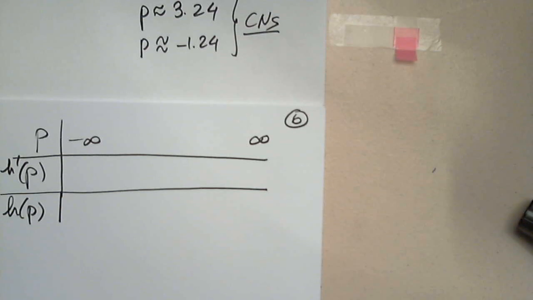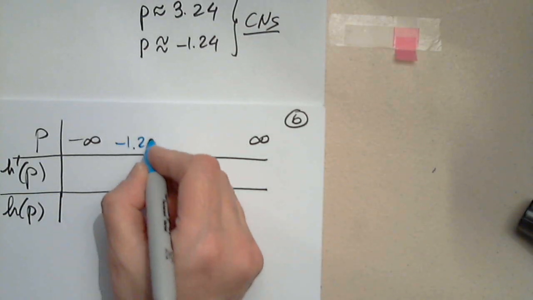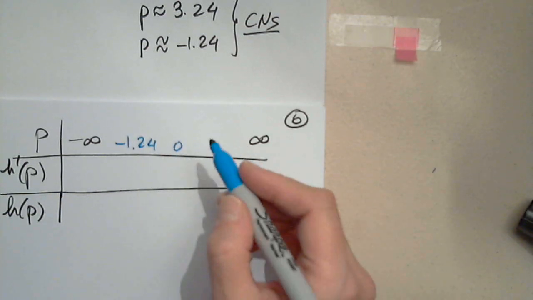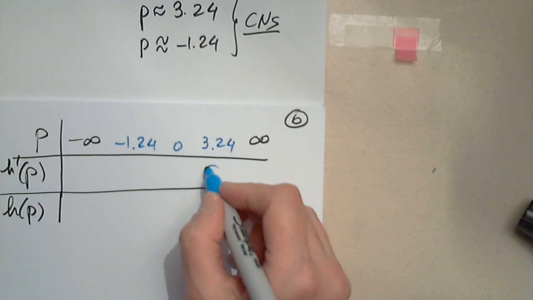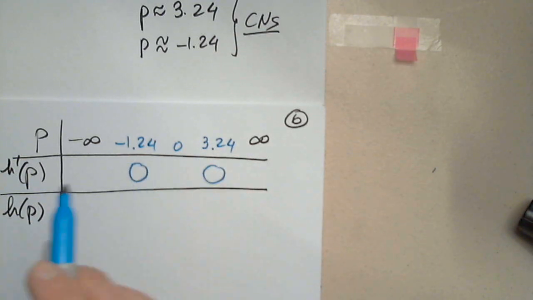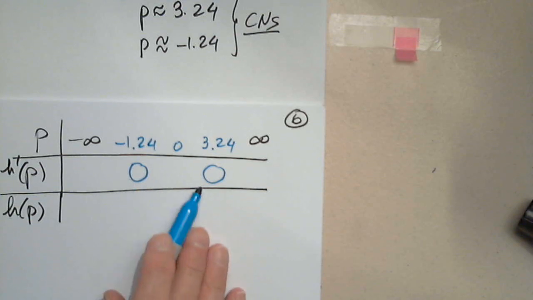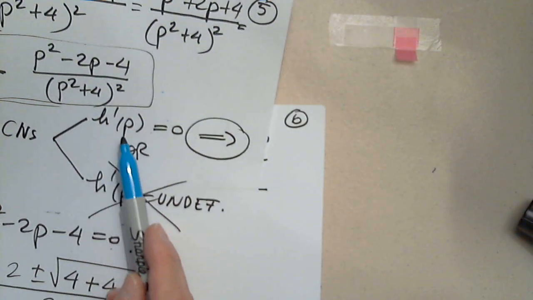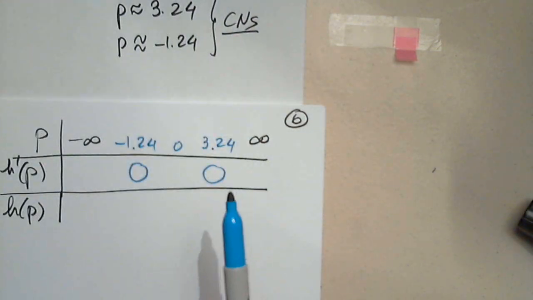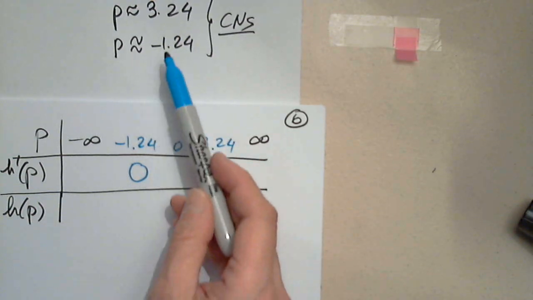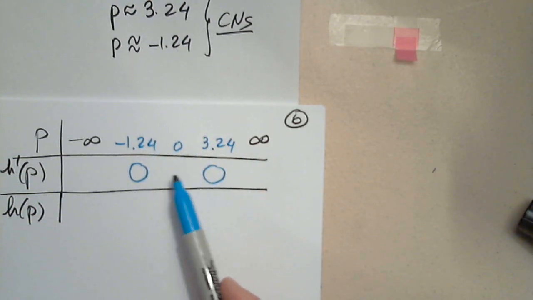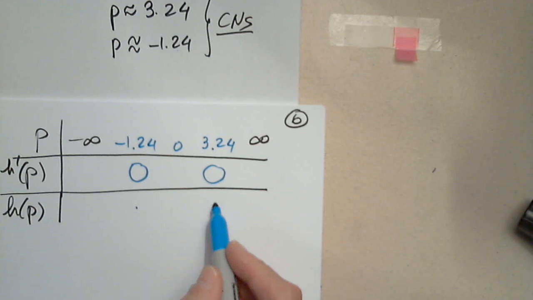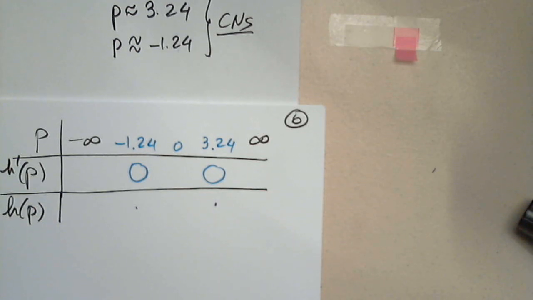We determined two critical numbers, negative 1.24, 0 is somewhere in the middle, and 3.24, and we established that the first derivative is 0 at these points. h prime of p is 0 at 3.24 and negative 1.24. I can determine these values by plugging them into the function.